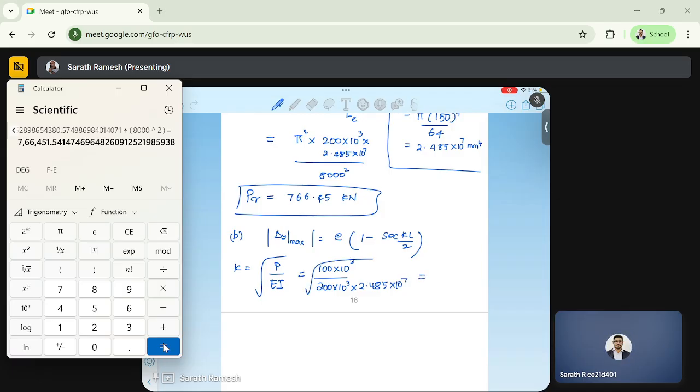The 10 power 3 cancels, this will become 10 power 5, so 1 by 200 into 2.485 into 10 to the power 5.